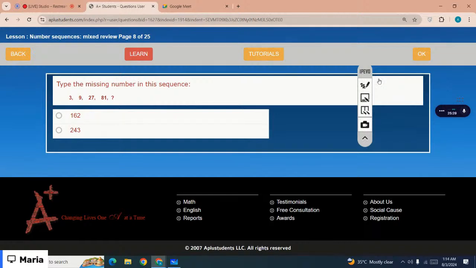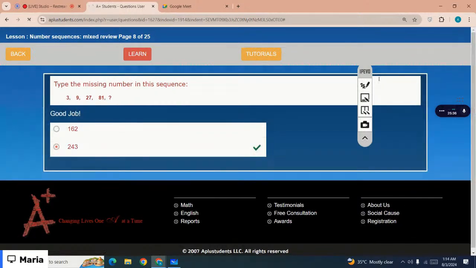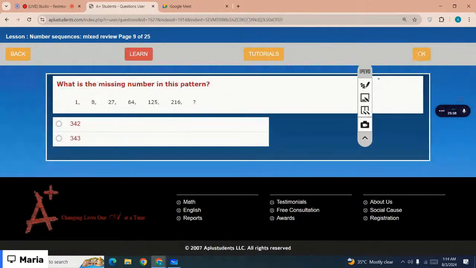They all are the product of 3, right? 3 times 3 is 9. So you have to multiply to get the next number. You need to multiply the previous one by 3. Yes, so that is 243.